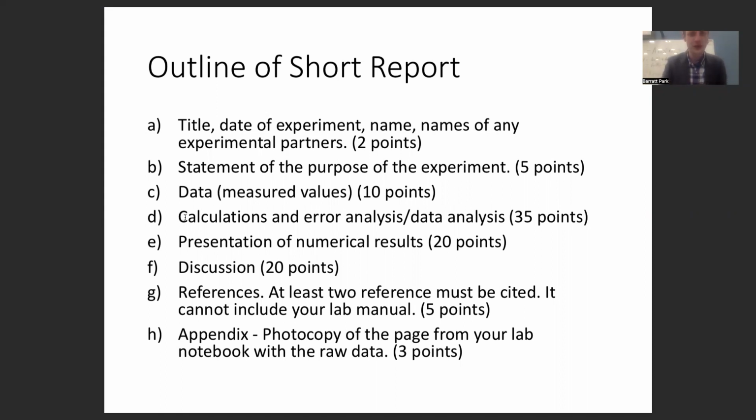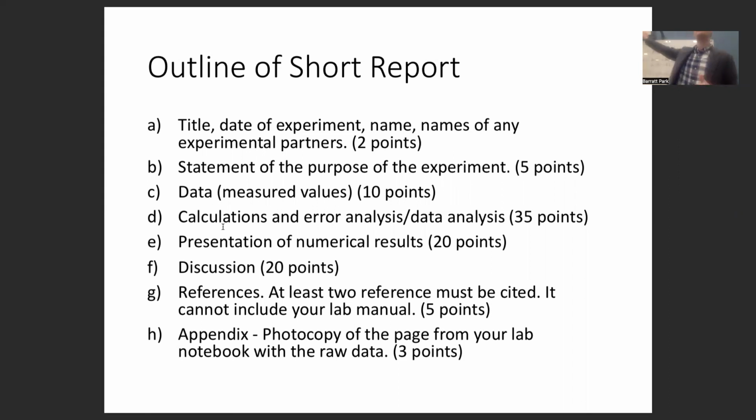Then you should go through, so basically the person that's looking at this, they should be able to follow how did you do your calculations? How did you use your measured data to come up with the final values that you're reporting and the uncertainty in those values, right? So the calculations need to be clear enough that your TA can follow what you did.